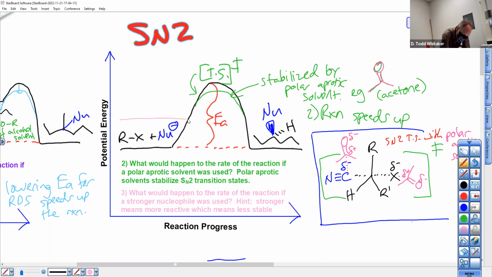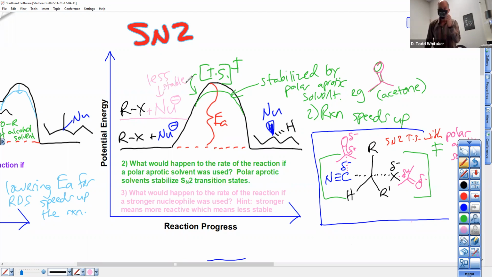If you start out with RX plus nucleophile, and the nucleophile is less stable. How do you know it's less stable based on question 3? It says it's more reactive. What's a synonym for more reactive? I just wrote it.